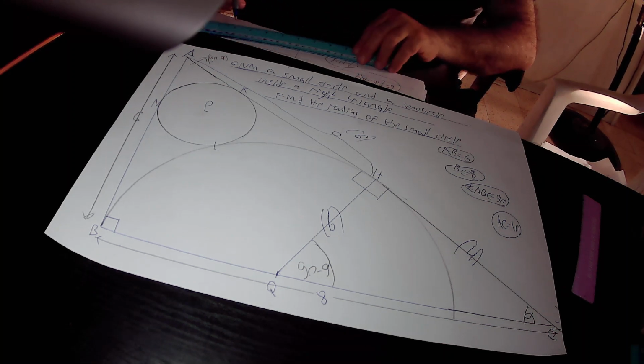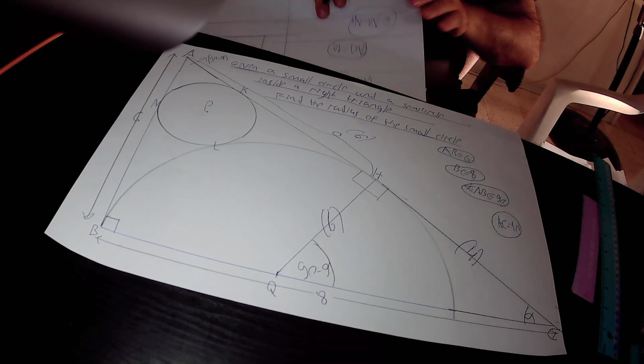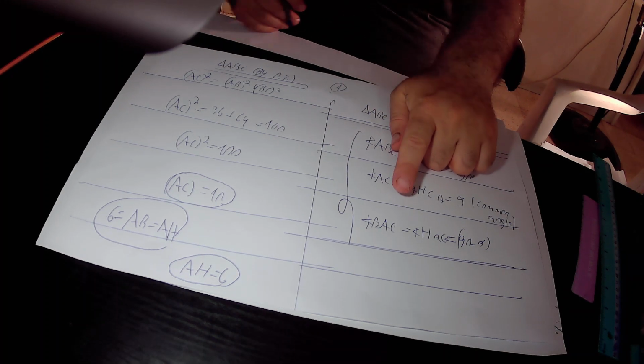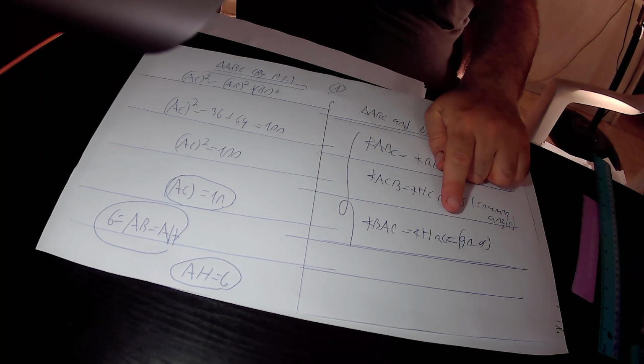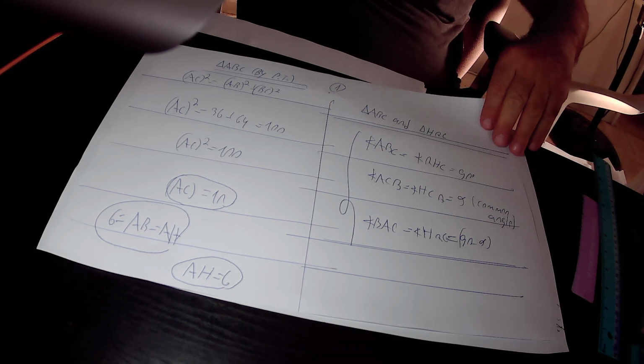So repeat again. We actually found out that angle BAC in the big right triangle ABC equals angle HQC in the small right triangle HCQ. They are both equal to 90 degrees minus alpha, therefore they are equal to each other.